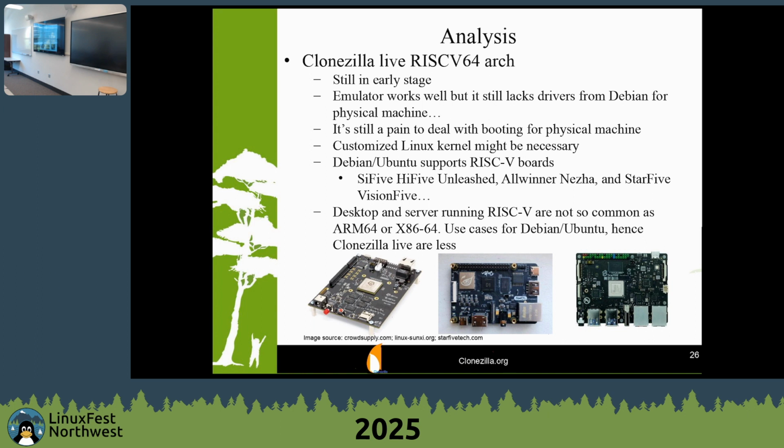Some small RISC-V boards already come with Debian or Ubuntu, so it's much easier, and you can upgrade. But still, you have to go with the image the vendor provided. That's still not quite universal.